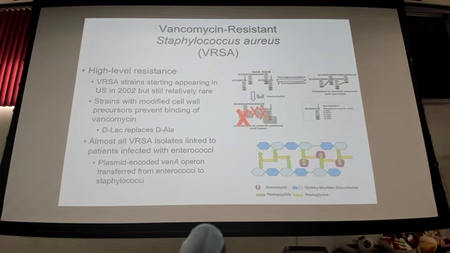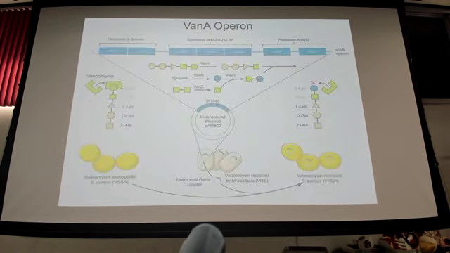When you have VRSA and you have high level resistance, you need a mechanism that makes it refractile, et cetera. So with VRSA, the mechanism here that was covered in this slide and this slide, which I know are busy slides, but kind of summarize what's going on, and can somebody tell me what these VRSA strains can do? Yeah, so the pentapeptide that cross-links the peptidoglycan layers in the cell wall.